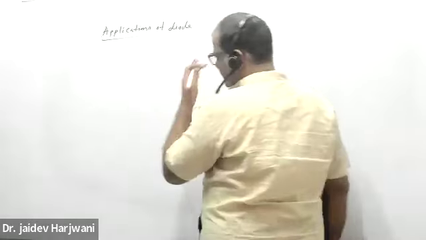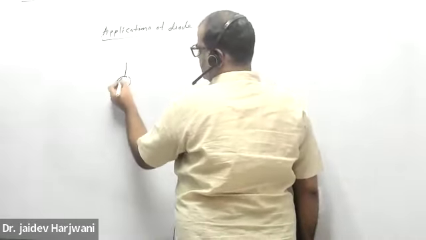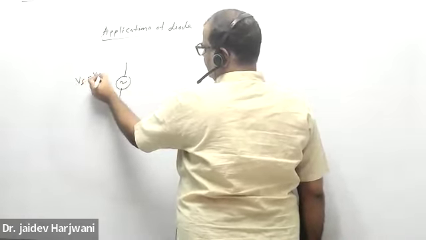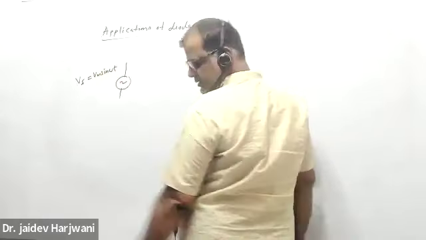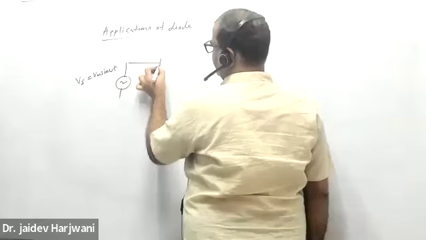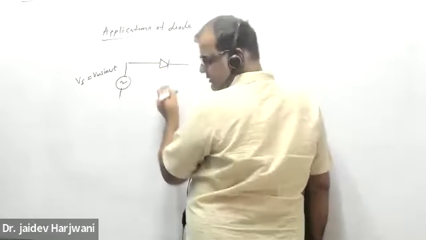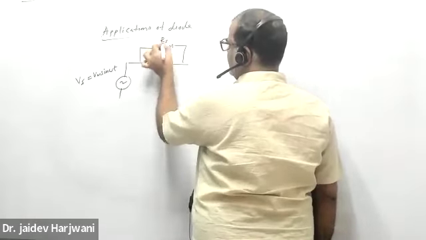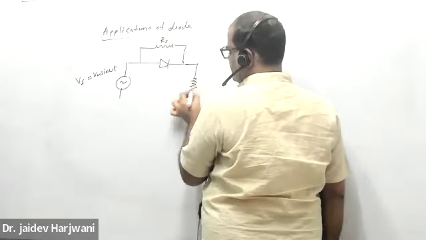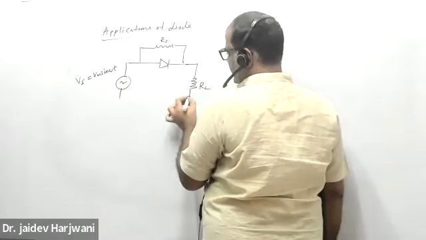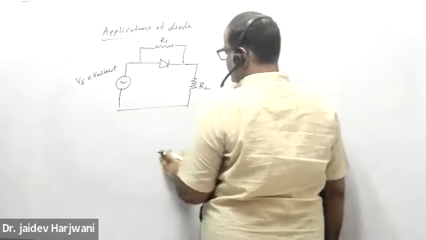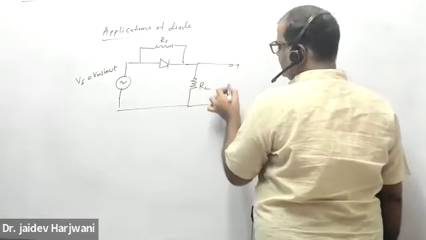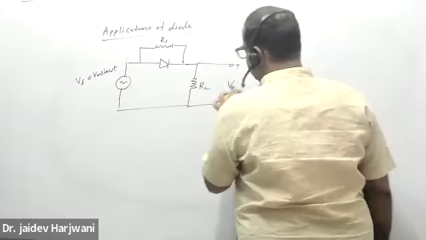So now some problems, let us understand the problem. V input is Vm sine omega t. You have a diode connected here, and in parallel to this diode, one resistance Rs is there. Here one resistance is RL, and now you want to measure the DC output value.